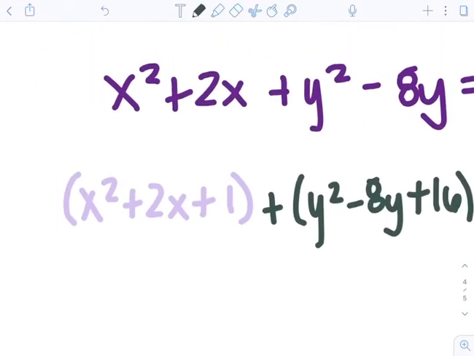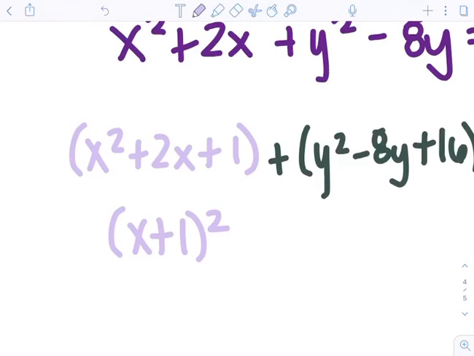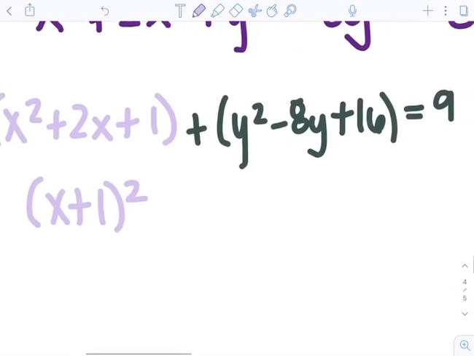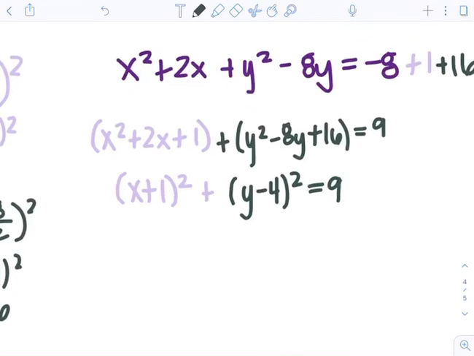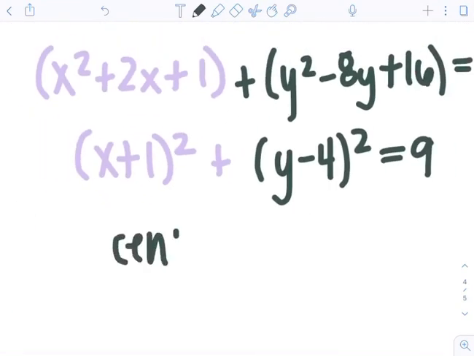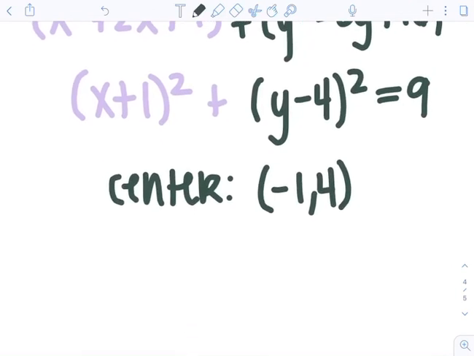So over here, I get x plus 1 squared, so I'm just factoring it, right? When you factor, it becomes x plus 1 times x plus 1. And then over here, I get y minus 4 squared, and then equals 9. So my center is negative 1, 4.